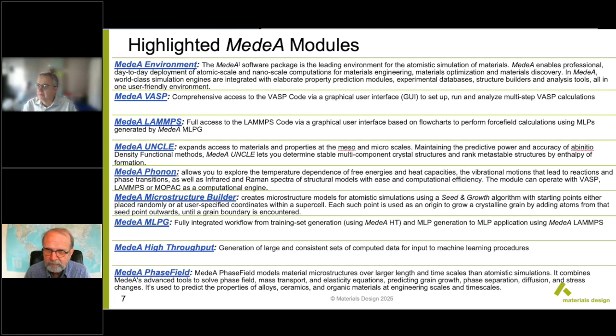Thank you. Moving on, what's the training or initial structure set for the cluster expansion model for the tungsten rhenium system? The UNCLE module in MedeA generates its own training set as you start.